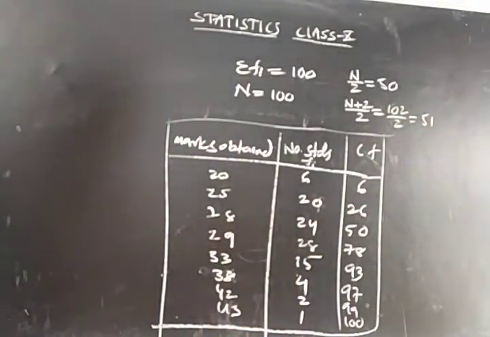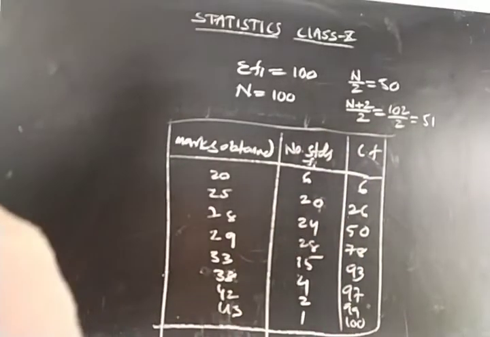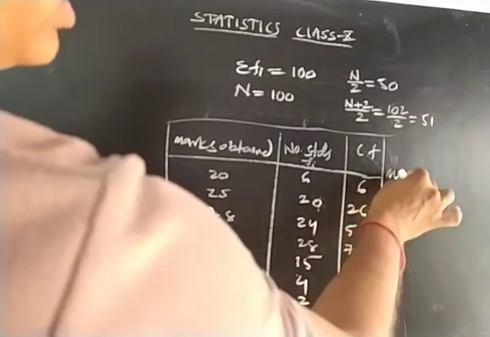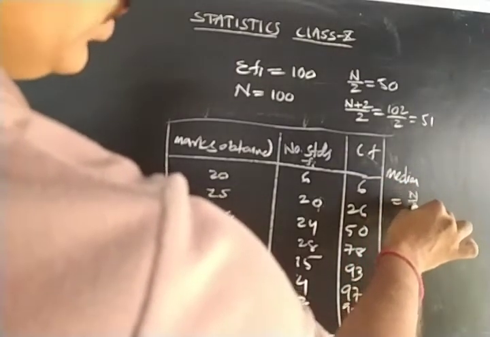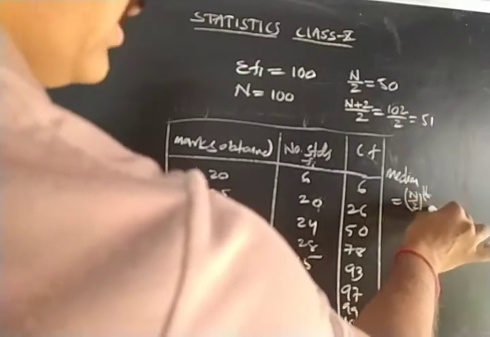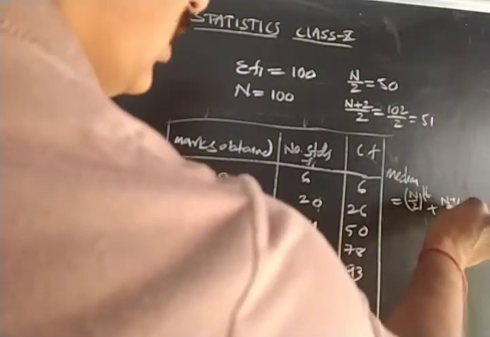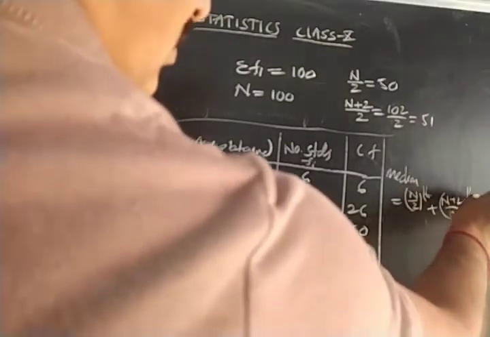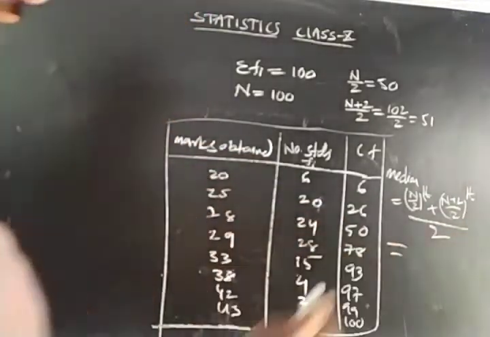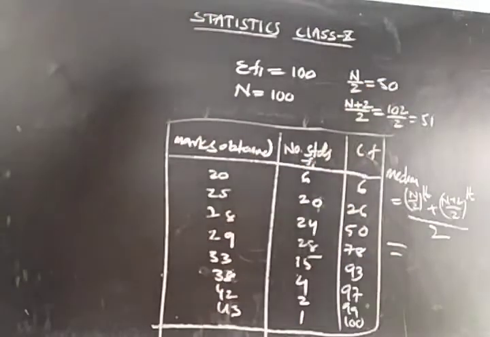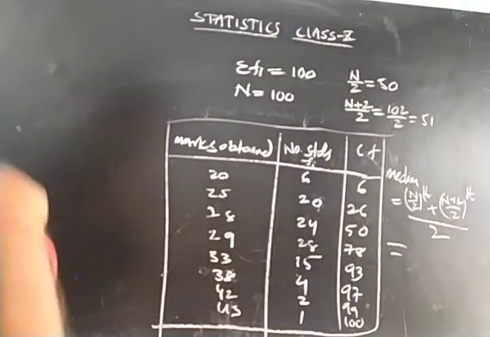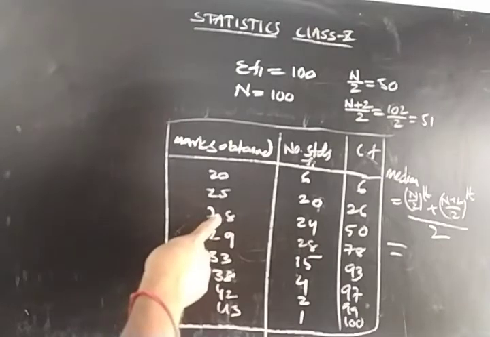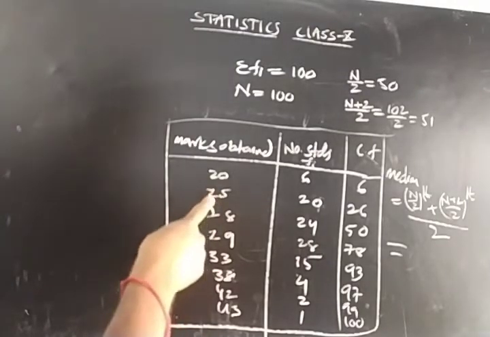The average of the n by 2th and (n plus 2) by 2th observations is the median. So median equals the n by 2th observation plus the (n plus 2) by 2th observation, divided by 2. Up to here there are 45 observations, 20 plus 25.